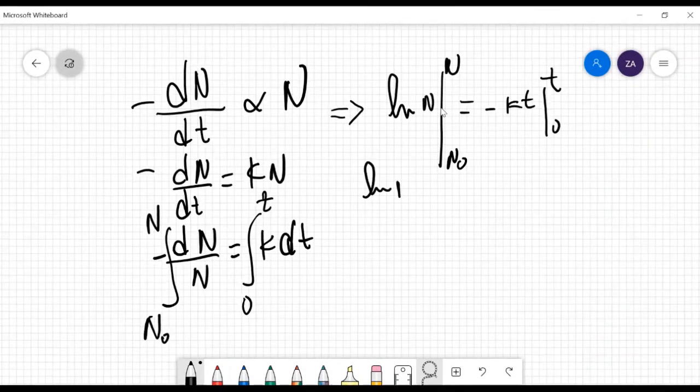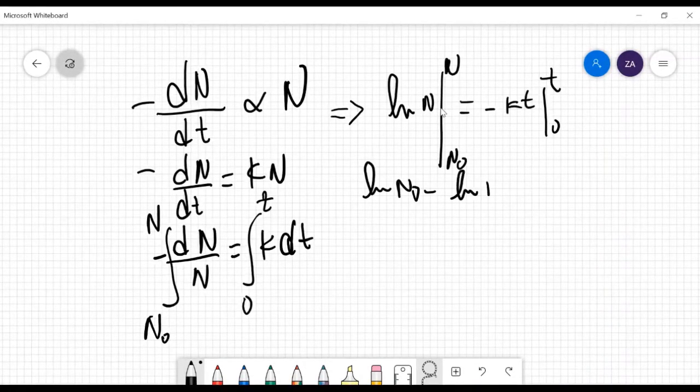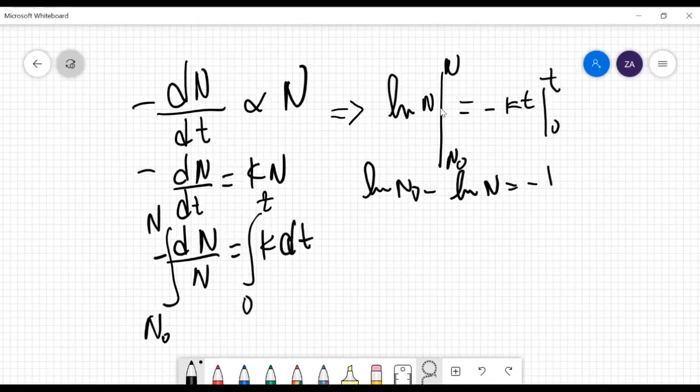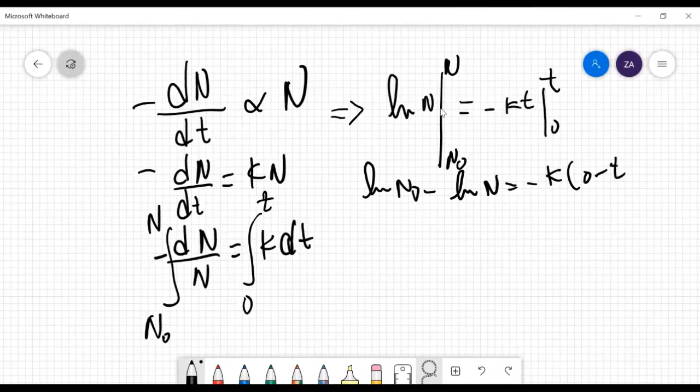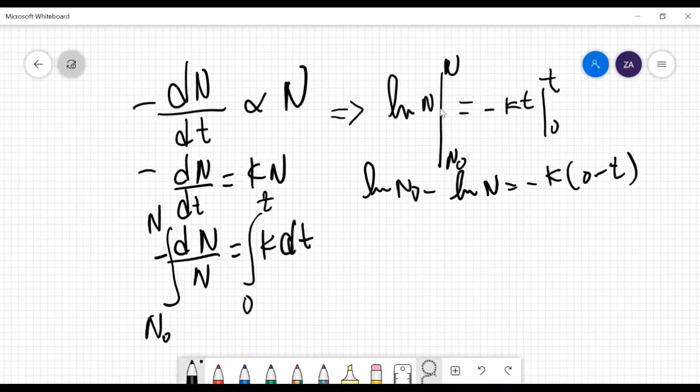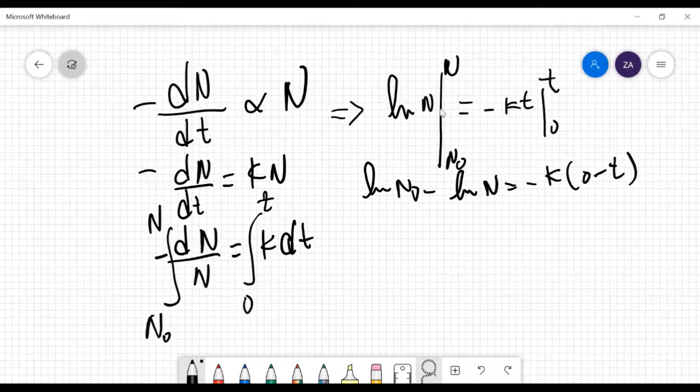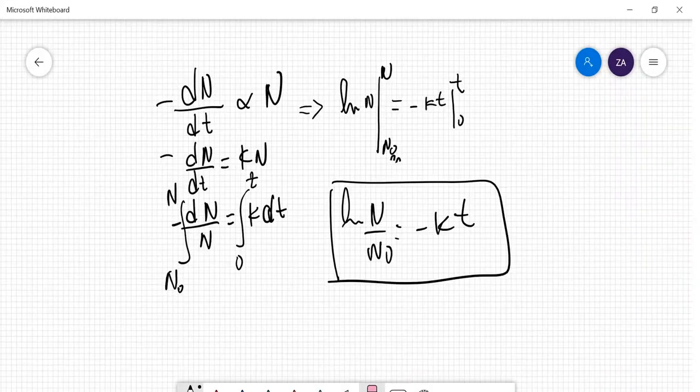Or ln N naught minus ln N is equal to minus k from 0 to t.